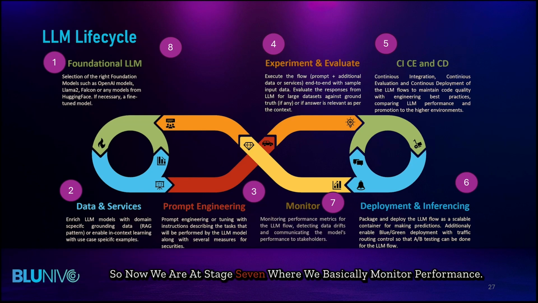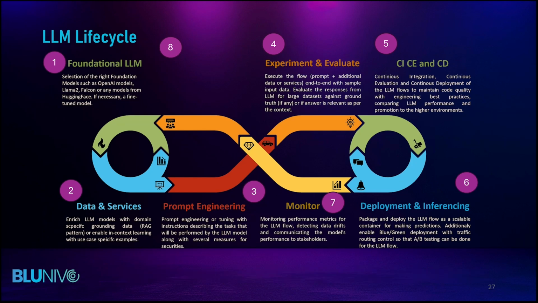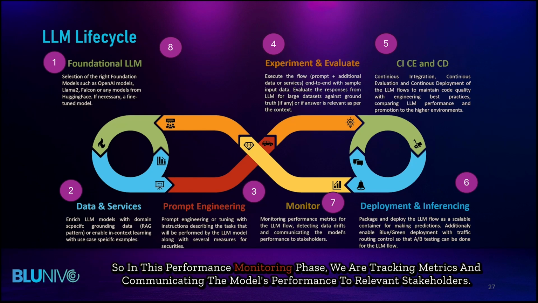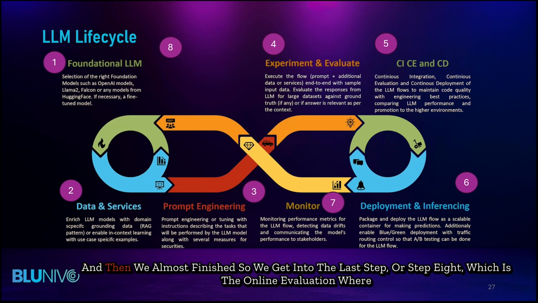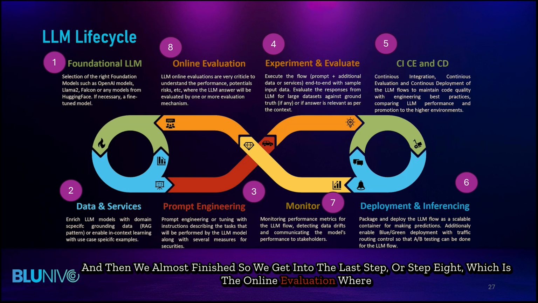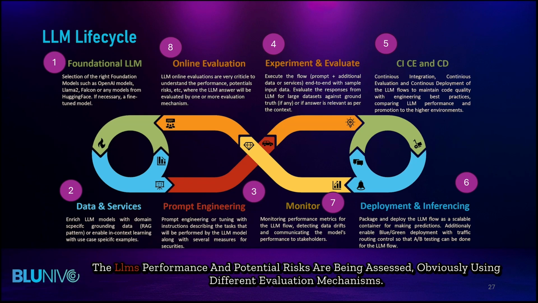So now we are at stage 7, where we basically monitor performance. In this performance monitoring phase, we are tracking metrics and communicating the model's performance to relevant stakeholders, right? And then we almost finished, so we get into the last step, or step 8, which is the online evaluation, where the LLM's performance and potential risks are being assessed, obviously using different evaluation mechanisms.